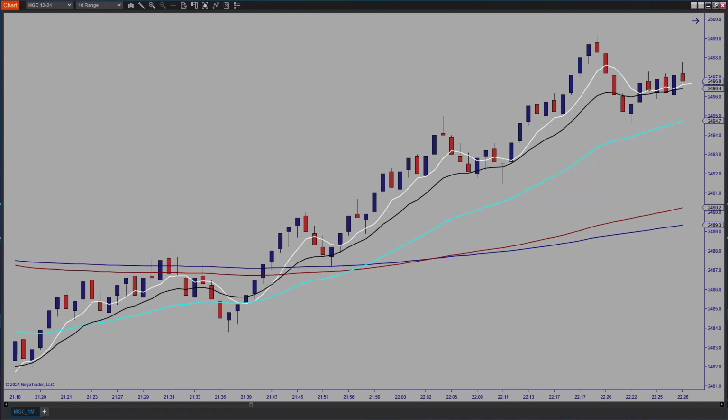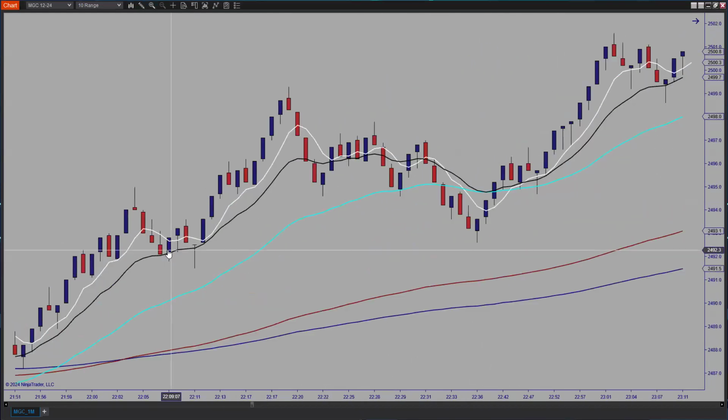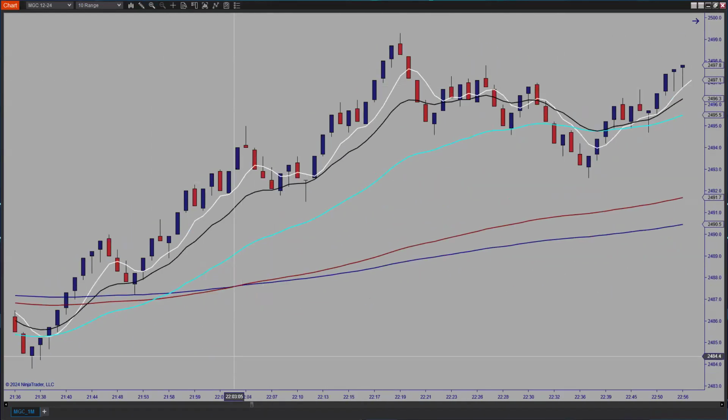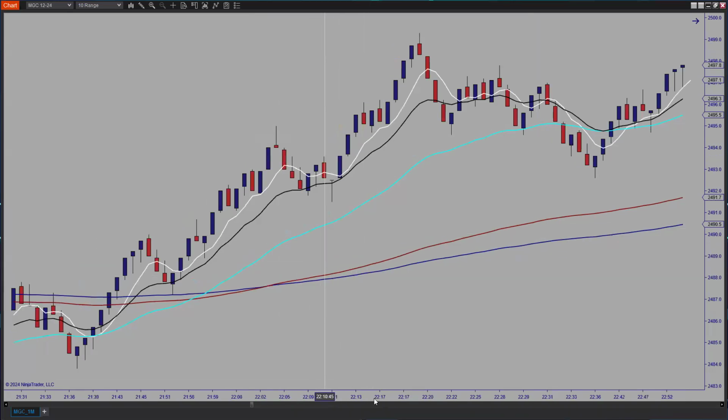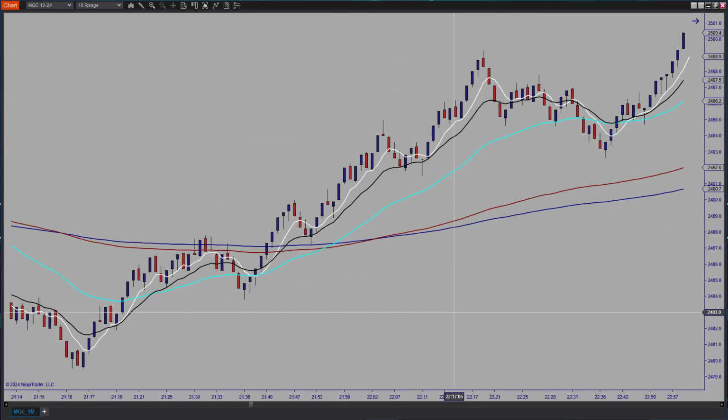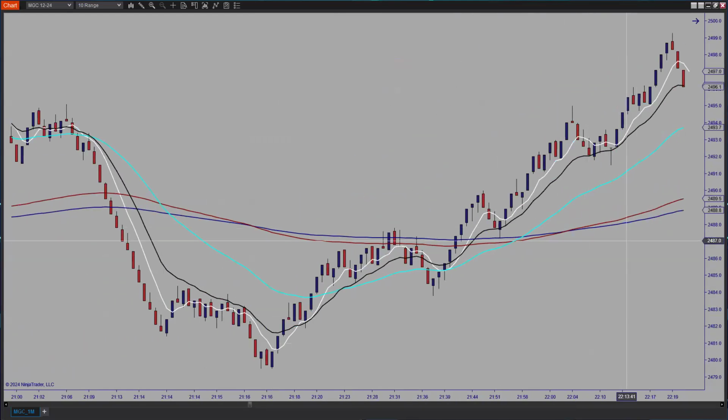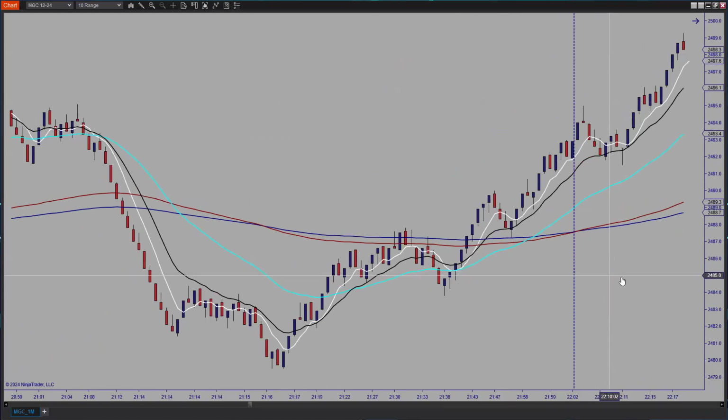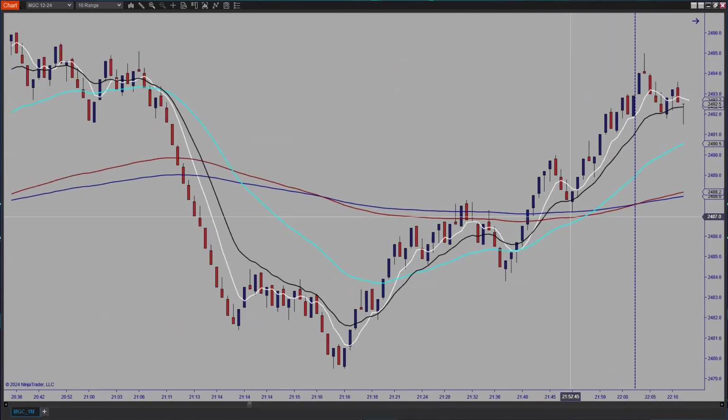Very good question. So the cross can be very brief as long as it happens, doesn't matter. With the 144 and the 233, these macro levels, you want to see that they cross and stay up for a while. Let's take an example. Let's say we're right here and we got the cross here. Let's even go here, right? We've got the zone. We're going to put the zone right there.